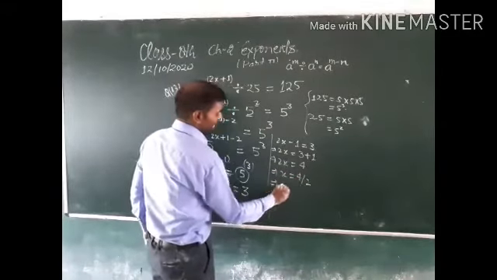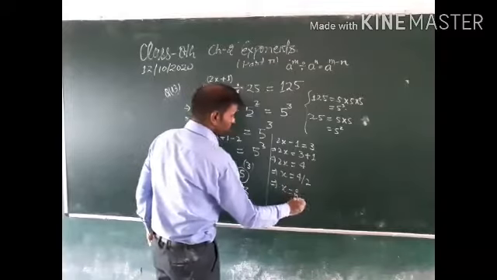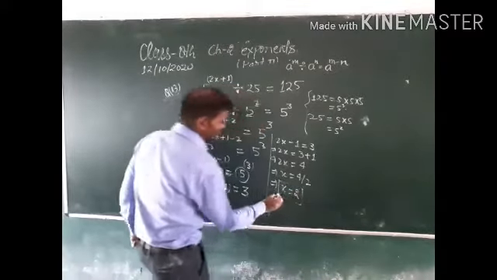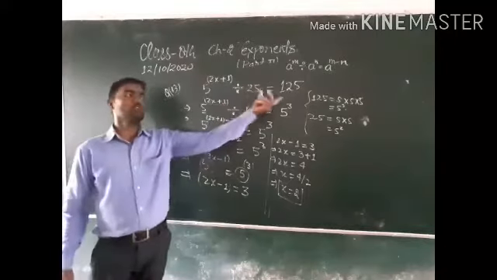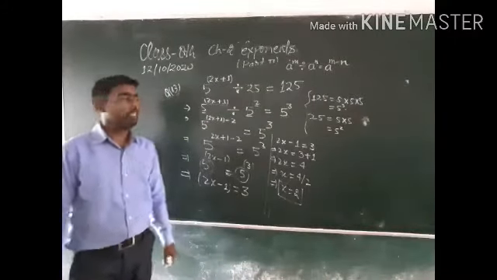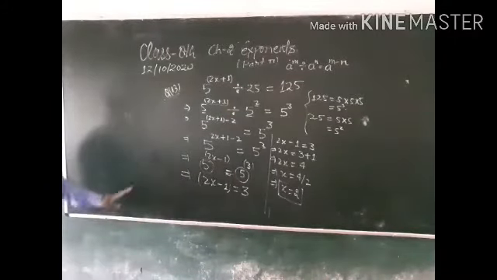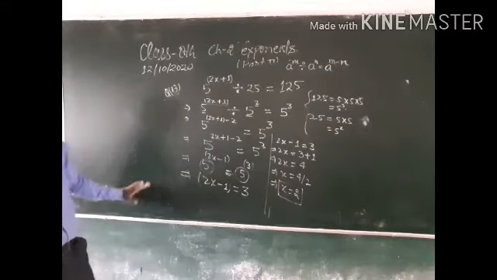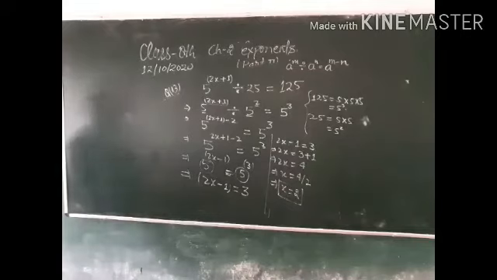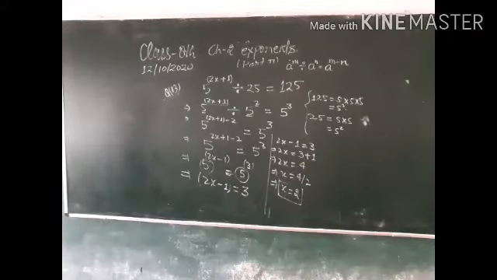It means x is equal to 2. So we get the value of x is equal to 2, for which this condition is equal to this condition. So this is the complete explanation of question number 13, exercise 2a. To proceed further, please pause the video and note it down.